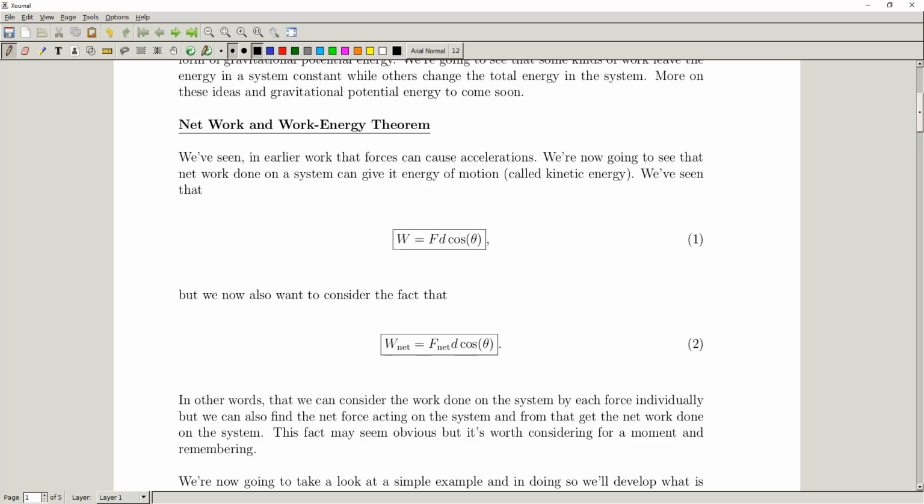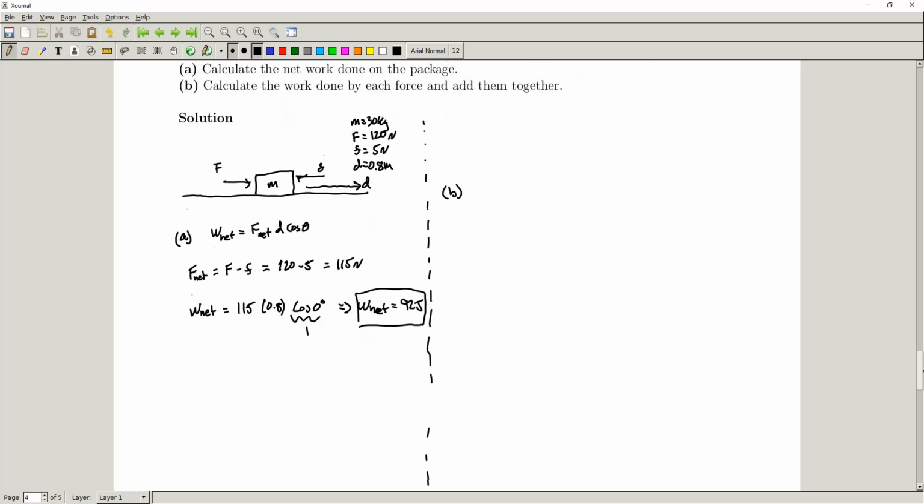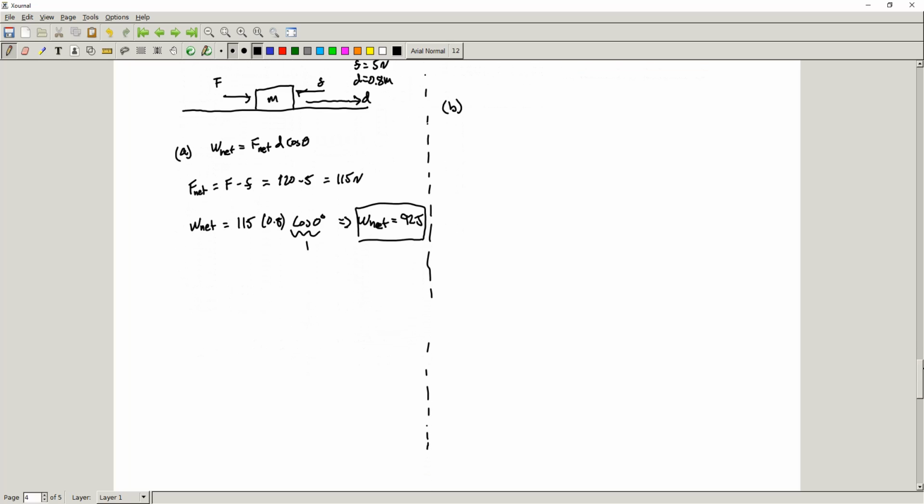So what we should find is if we add up the work done by each individual force, it adds up to the total work done on this object. Let's see if that's what we end up finding.